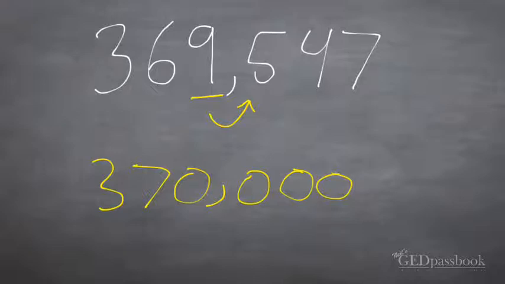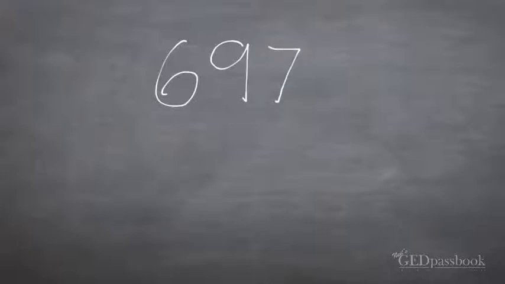Let's do one more. Actually, let's do this one. 6,975. Round your answer to the nearest hundreds place.